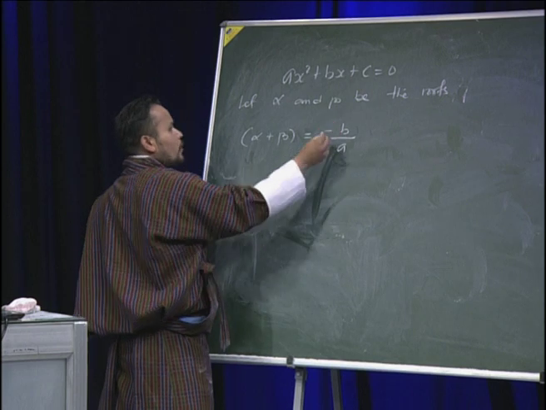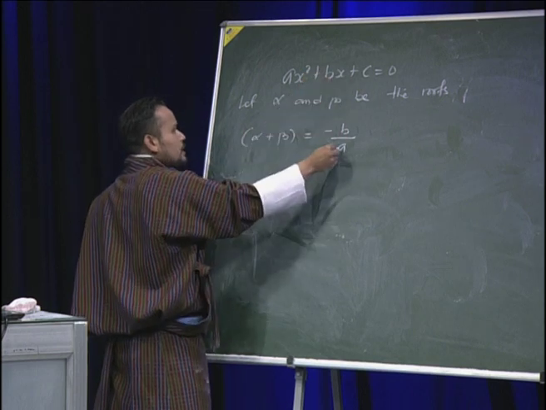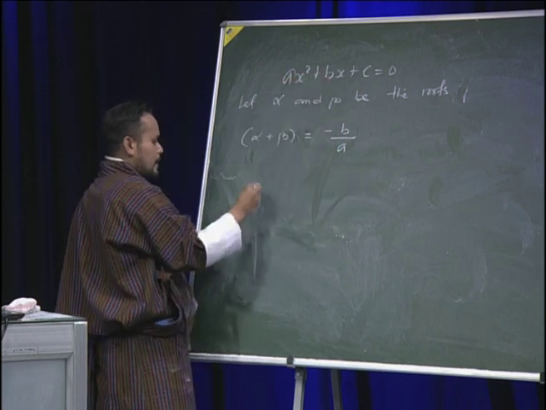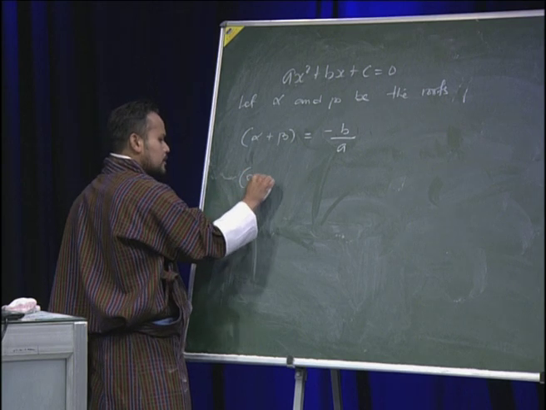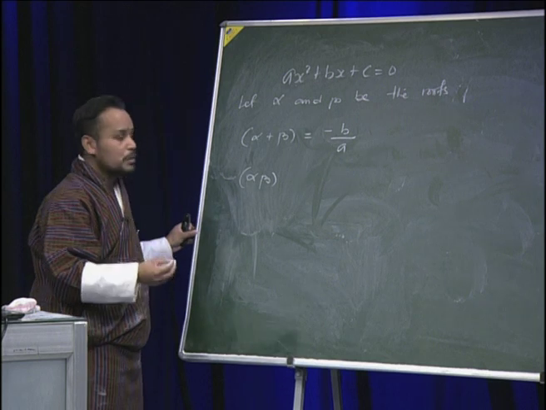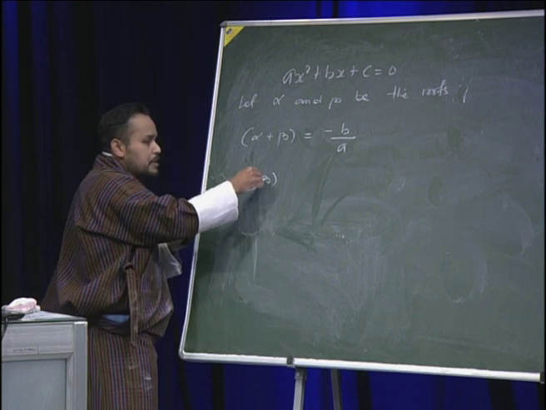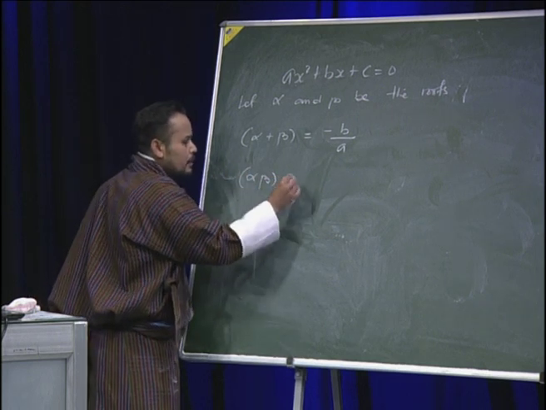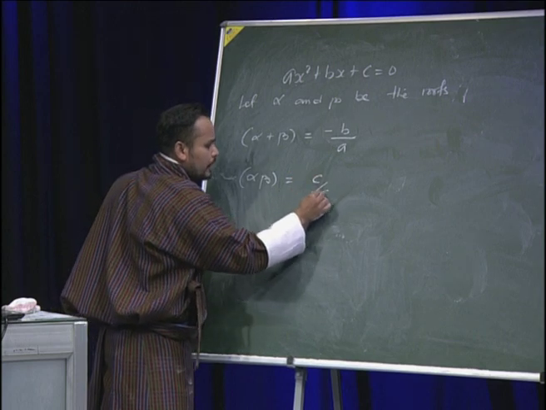Here b is the coefficient of x, a is the coefficient of x square. Alpha times beta is called the product of roots, because I'm multiplying alpha and beta. This is given by c over a.